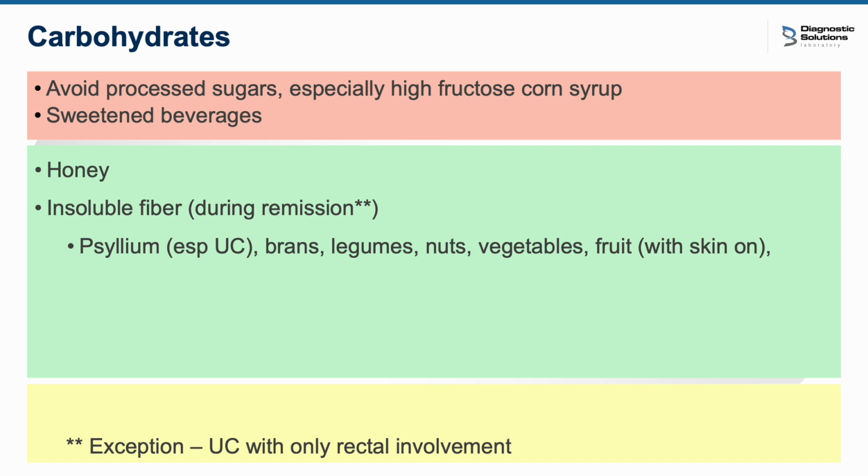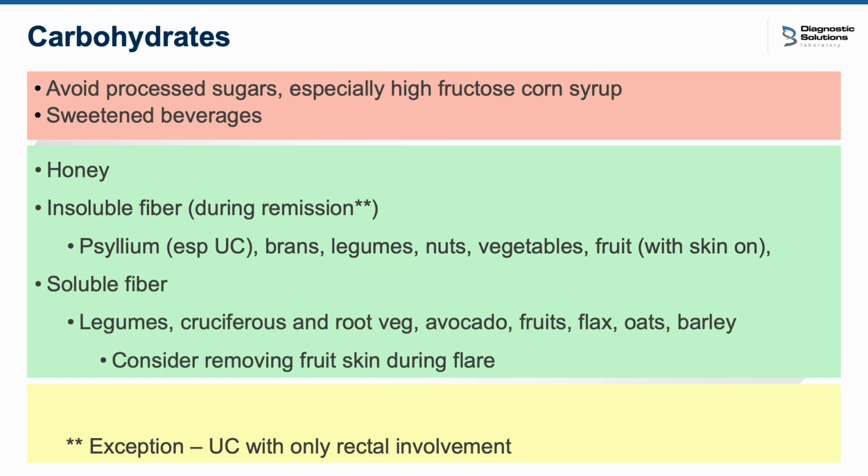The exception to this is ulcerative colitis that only involves the rectum, where insoluble fiber might be beneficial. We want to have lots of soluble fiber. Some people may be able to handle this during a flare, but it's been shown that insoluble and soluble fiber are both beneficial to maintain remission and to avoid triggering IBD in the first place. Some people may react to inulin and FOS, so use caution with those and start low, go slow if you choose to use those.